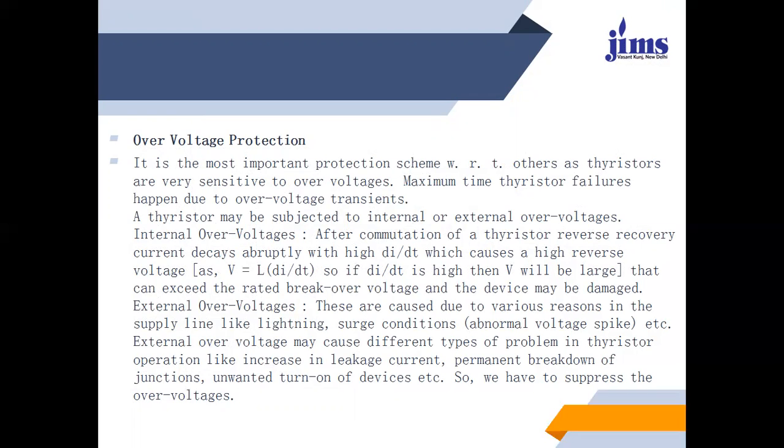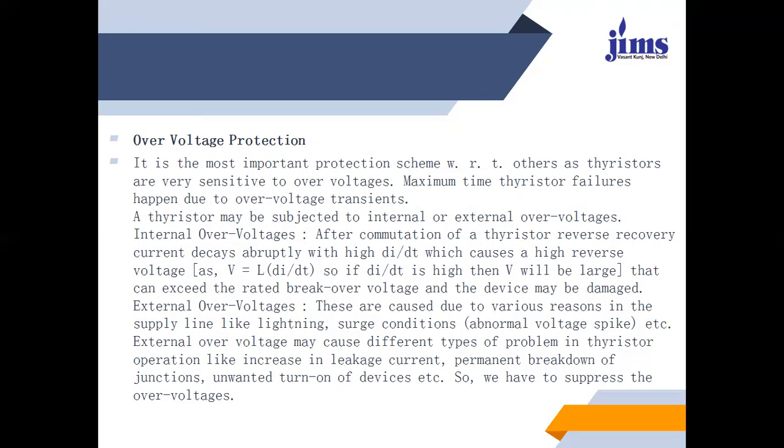Internal overvoltages occur after commutation of a thyristor. The reverse recovery current decays abruptly with high dI by dt, which causes a high reverse voltage as V equals L dI by dt. So if dI by dt is high, then V will be large, and that can exceed the rated breakover voltage and the device may be damaged.